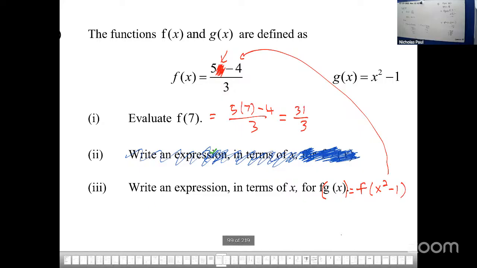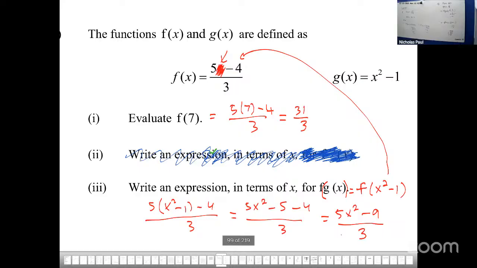So I'll be left with 5 open brackets, x squared plus 1, minus 4, all over 3. You have to simplify as far as possible, so you have to multiply. That'll be 5x squared plus 5 minus 4 all over 3. So I got 5x squared plus 1 over 3.